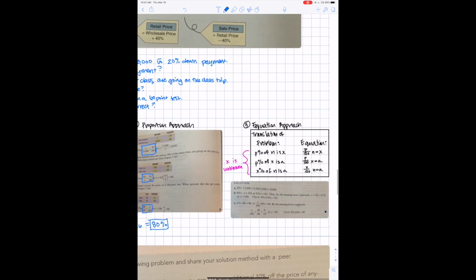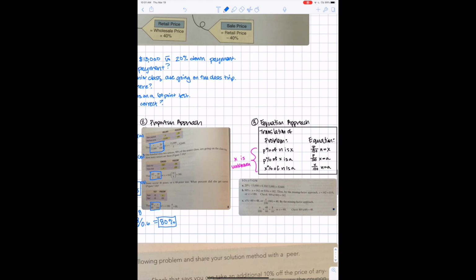The last approach is an equation approach. It's very similar to my proportion approach. The thing to keep in mind here is, again, we're just paying attention to what the unknown is. Notice in this translation of the problem, they give a nice little diagram. In this first part, we have p% of n is x, so we're assuming x is the unknown.